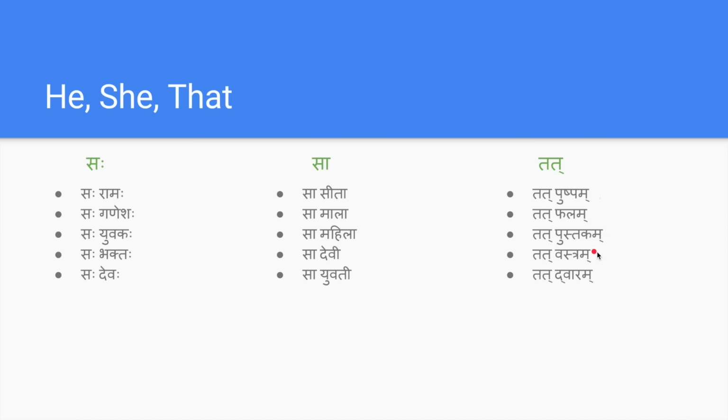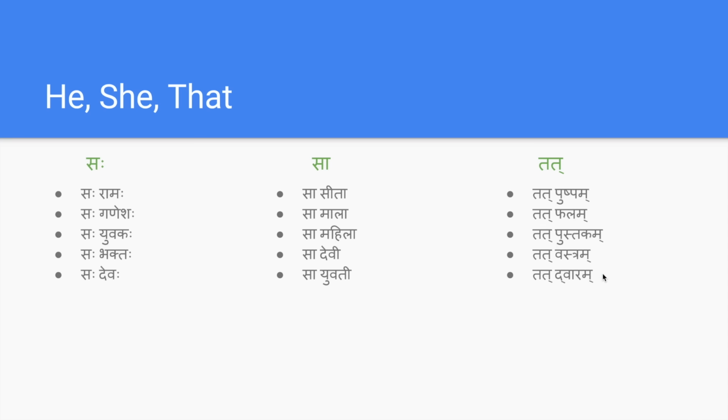Tat vastram. Tat dwaram. So tat pushpam, that is flower. Tat phalam, that is fruit. Tat pustakam, that is book. And tat vastram, that is cloth. And tat dwaram, that is door.